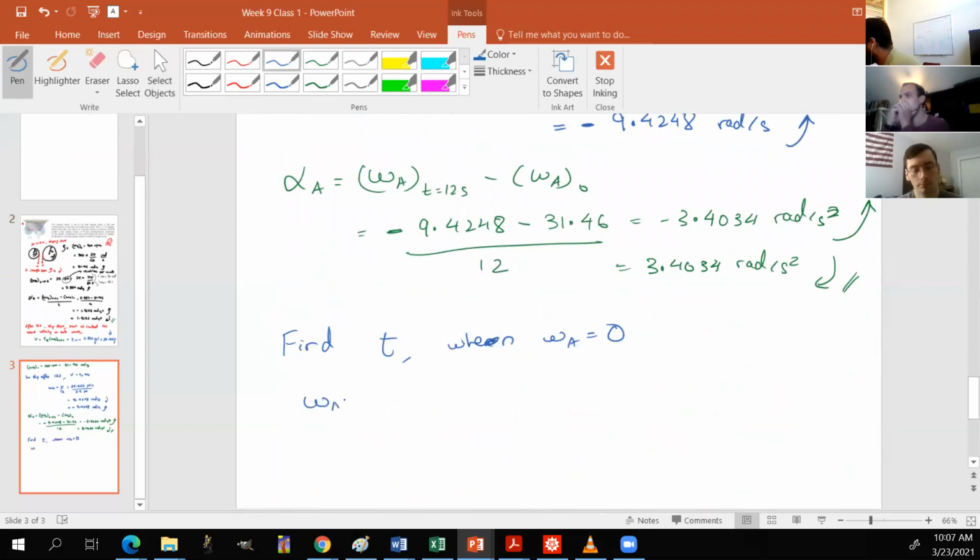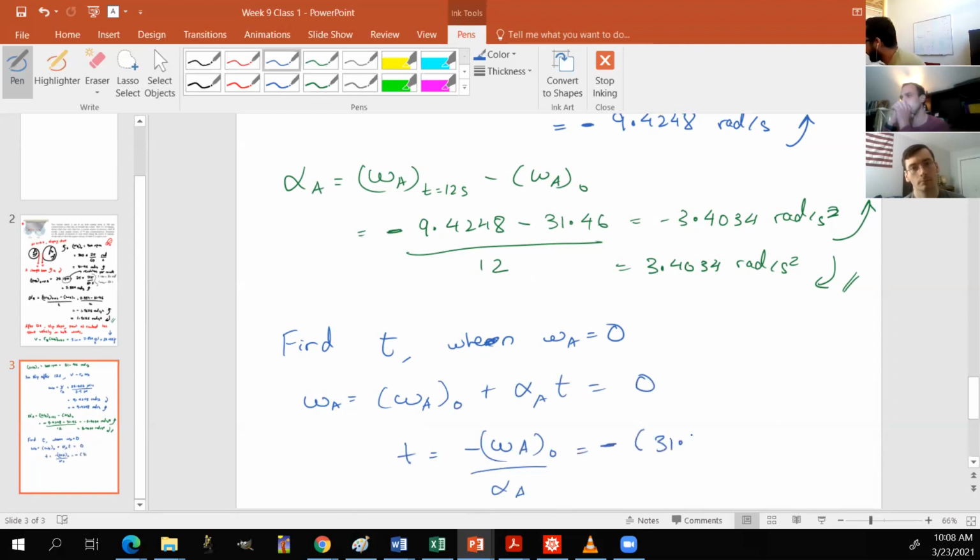And we know from the expressions that we've written out for a constant acceleration, which is what we're assuming in this problem, by the way, that the final speed is equal to the initial speed plus your angular acceleration times time t, and we know that that is equal to 0. So you can say that t is equal to minus omega A at 0 divided by the angular acceleration of A, right? We know that this is minus 31.416. And again, you have to keep the sense the same in both of them.